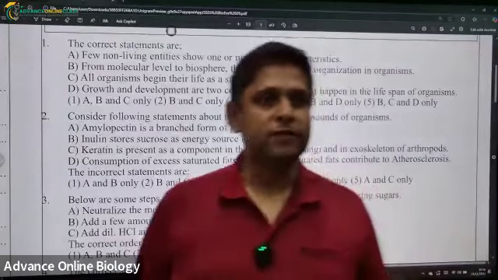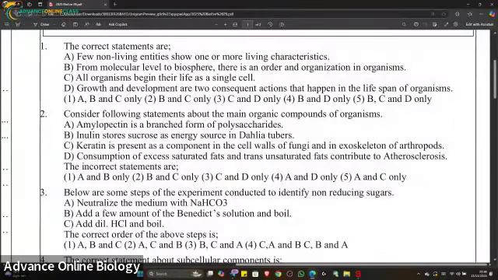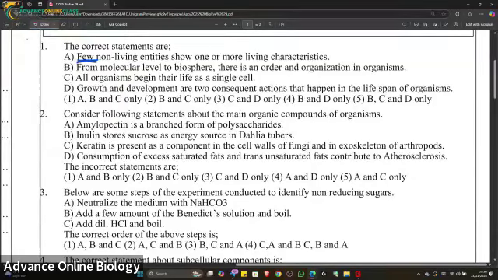Right. Moving to the first question. The correct statements are: a few non-living entities show one or more living characteristics. They are asking for the correct one. A few non-living entities show one or more living characteristics.